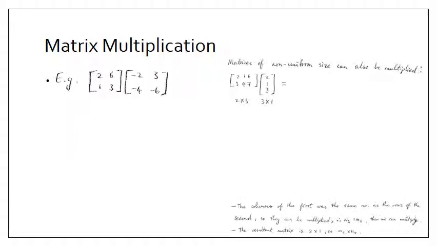Let's just do an example of how that works. So first row by first column: we have 2 times negative 2 plus 6 times negative 4. You just simply multiply each of them and then add them up as a sum. Then first row and second column: 2 times 3 and then 6 times negative 6.